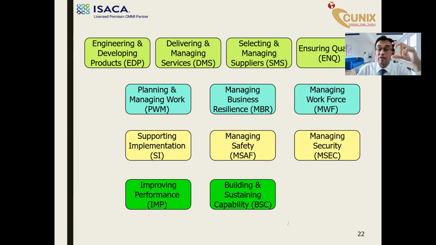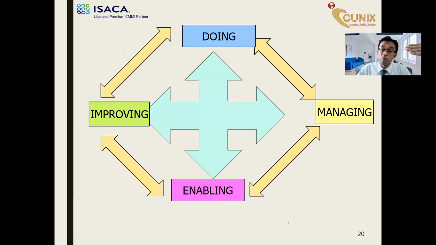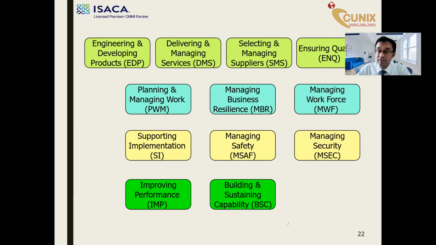So when I said we have 20 practice areas, each of these 20 practice areas will belong to one or more of these capability areas. And each capability area will belong to one of these categories, not one or more, one of these categories. So categories, capability areas, and practice areas. So when you think from your organization perspective, you can actually boil down to the specific area that you want to improve. Right? That's why they have introduced this concept.